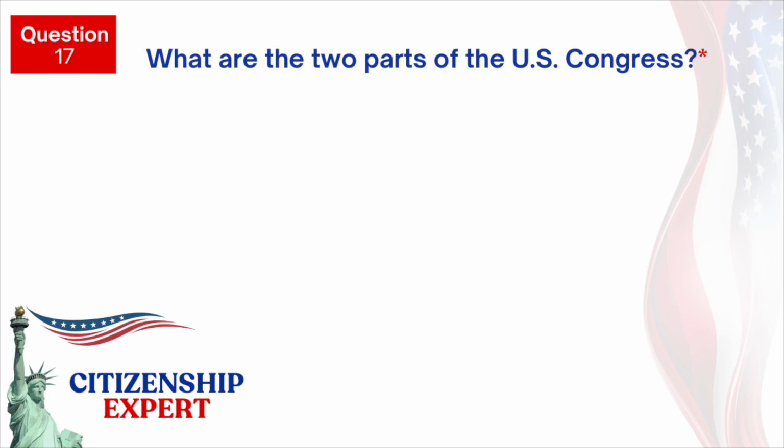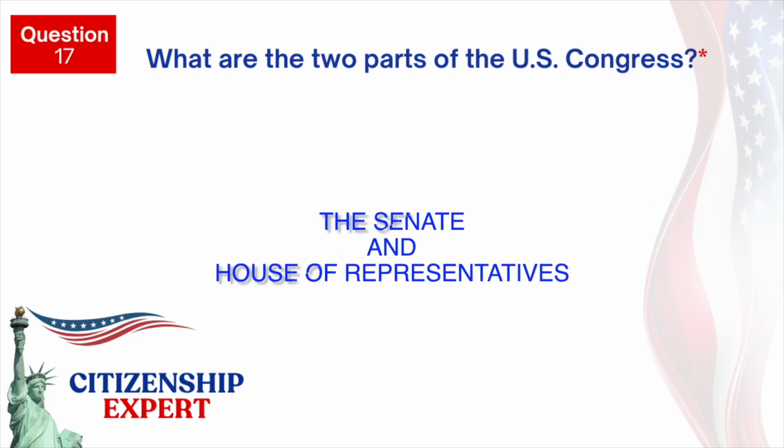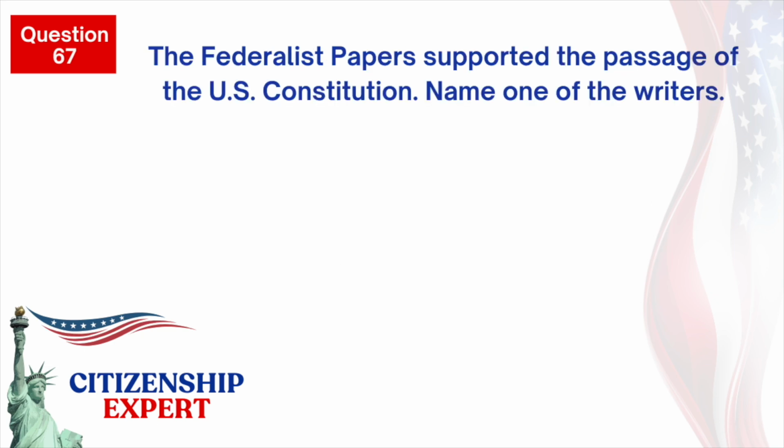What are the two parts of the U.S. Congress? The Senate and House of Representatives. The Federalist Papers supported the passage of the U.S. Constitution.